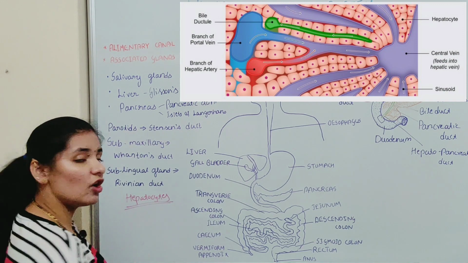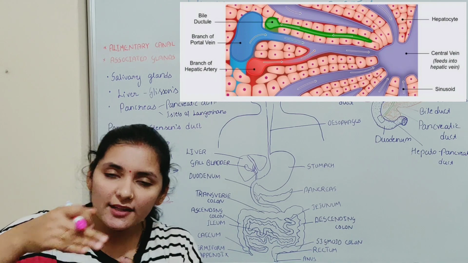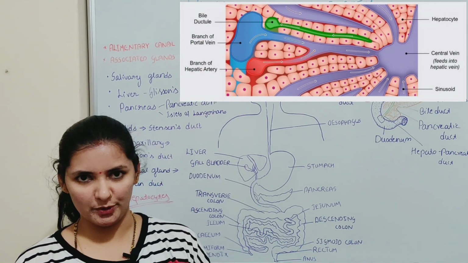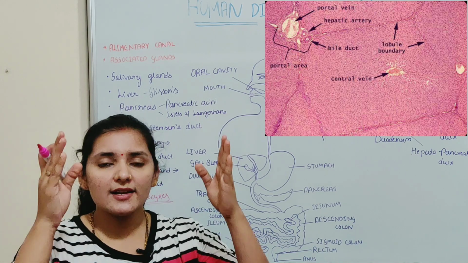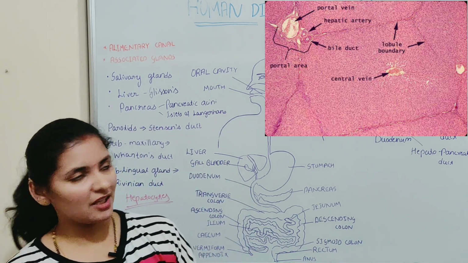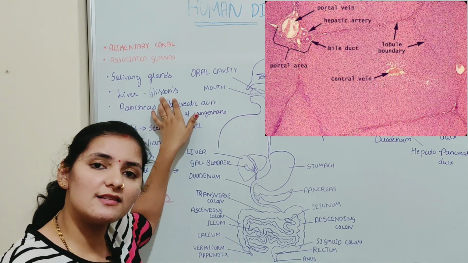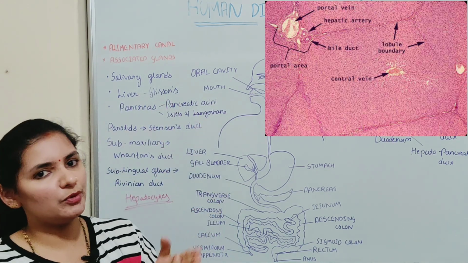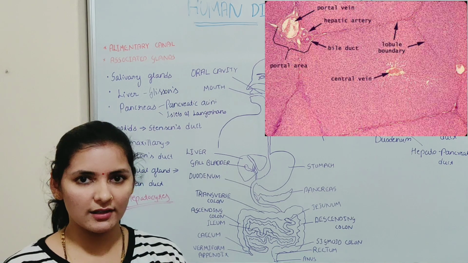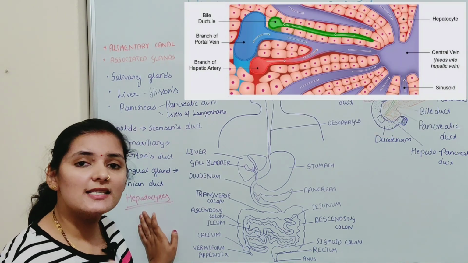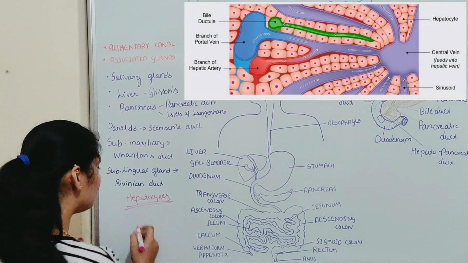These liver cells or hepatocytes are arranged in the form of a cord or chain inside each liver lobule. Each liver lobule is surrounded by a connective tissue sheath known as Glisson's capsule. So because of the presence of this Glisson's capsule, each liver lobule looks roughly hexagonal in shape. These hepatocytes or liver cells secrete a secretion called bile juice.